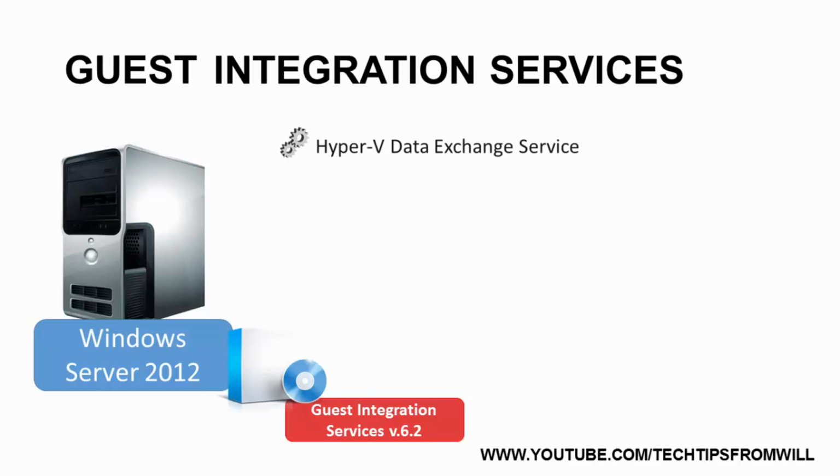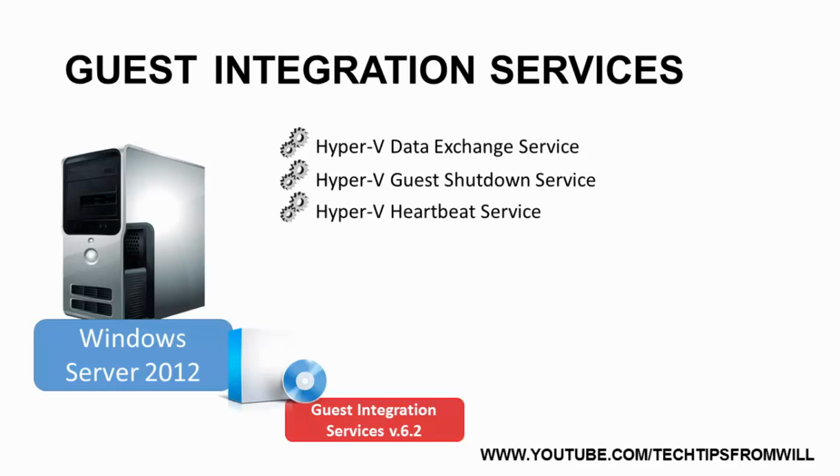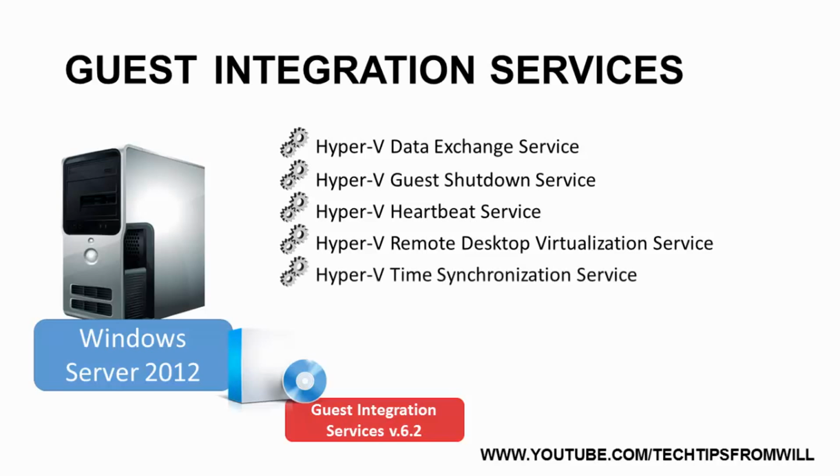These are the Hyper-V Data Exchange Service, the Hyper-V Guest Shutdown Service, the Hyper-V Heartbeat Service, the Hyper-V Remote Desktop Virtualization Service, the Hyper-V Time Synchronization Service, and the Hyper-V Volume Shadow Copy Requester.